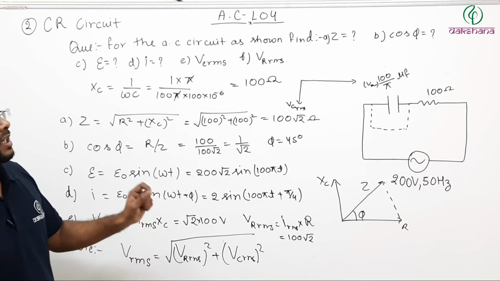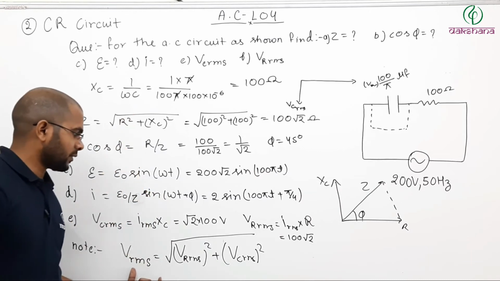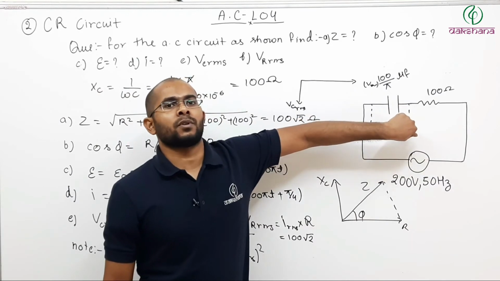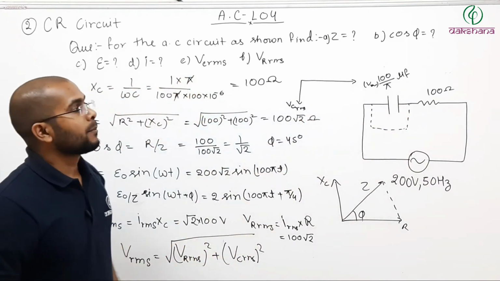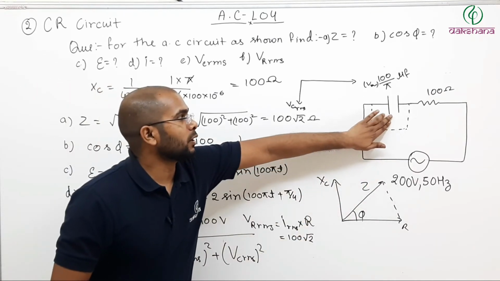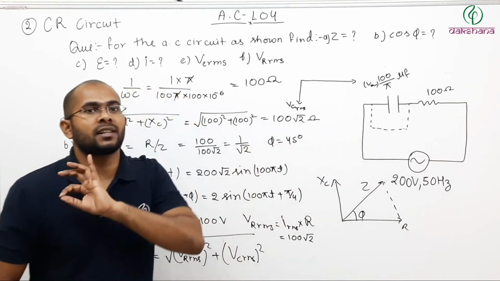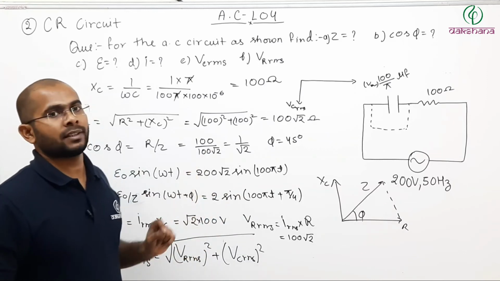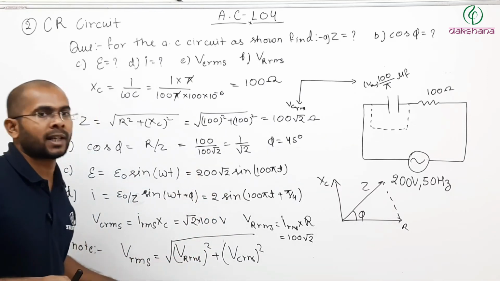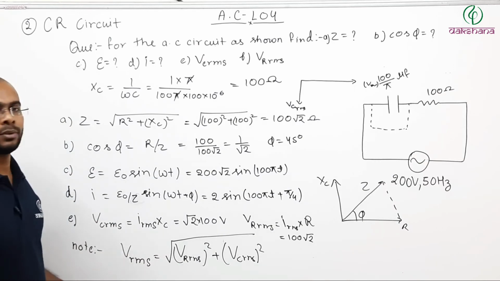So in a series RC circuit, you do not just add these RMS voltages. Why? Because the potential across the capacitor is not in phase with your current. It is pi by 2 behind the current. So you will have to do vector addition. Pause the video, note it down.